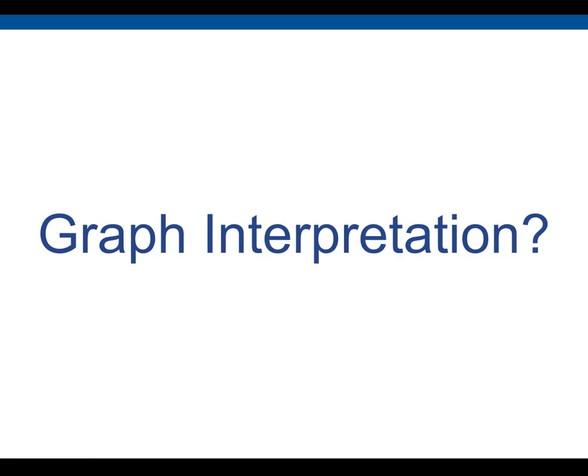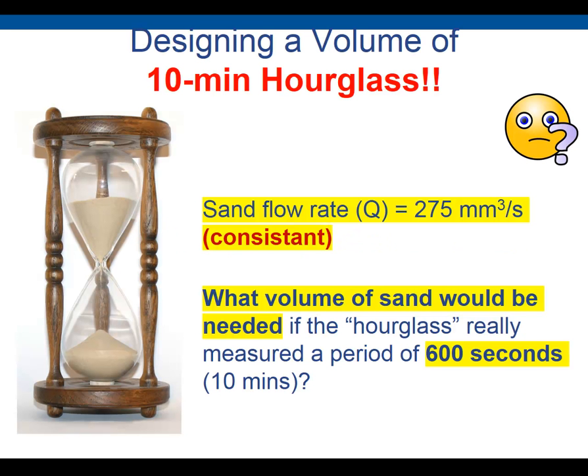So now let's look at graph interpretations. Okay, this is an hourglass, a 10-minute hourglass, and the sand flow rate is consistent, 275 cubic millimeters per second. So we know this value, and we want to design this hourglass.